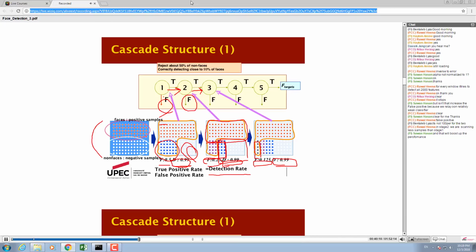Because they should be stronger, stronger, stronger. As we go down the stages, the final stage should be maybe the strongest classifier, but it doesn't have many inputs. It will process just a few inputs. So even though the classifier is stronger, meaning it becomes heavier and slower, it doesn't need to process all the samples, only a small number.